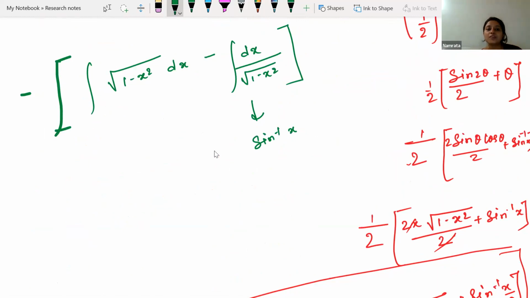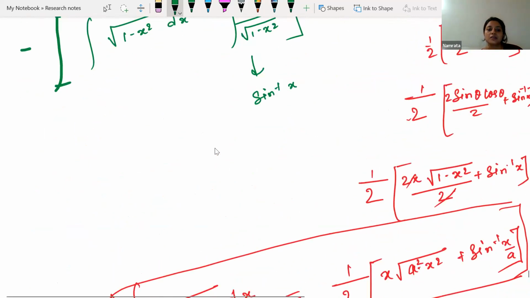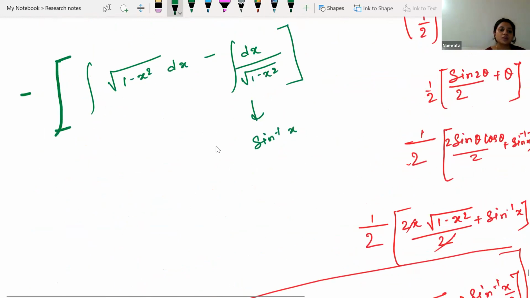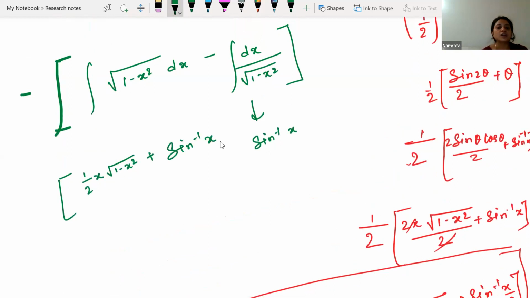And now the second formula we reach at is 1 by 2 x under root a square minus x square, and then plus here also we are having sine inverse x by a. So it will be sine inverse x, a is 1. This is the total expression we are having. Is it clear to you?